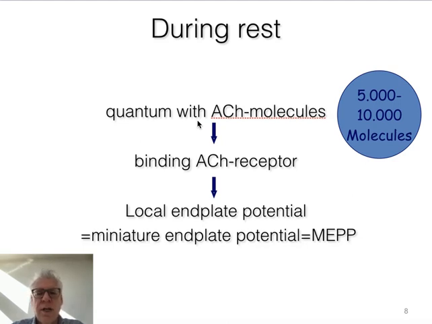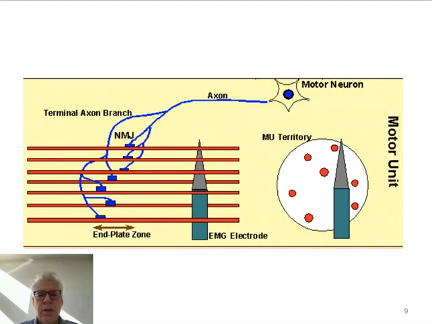So a small change in the postsynaptic membrane potential, but not sufficiently large to subsequently activate voltage-gated channels that are very close to the acetylcholine receptor to generate a muscle action potential. So during rest, that typically does not occur. And actually you can measure that with a needle in a muscle.